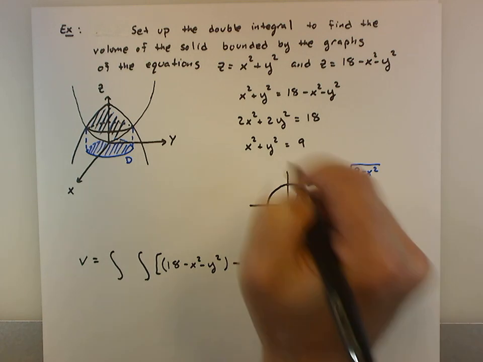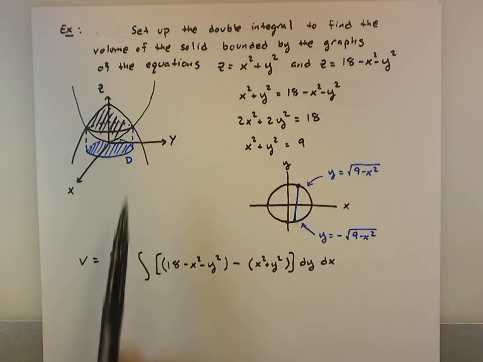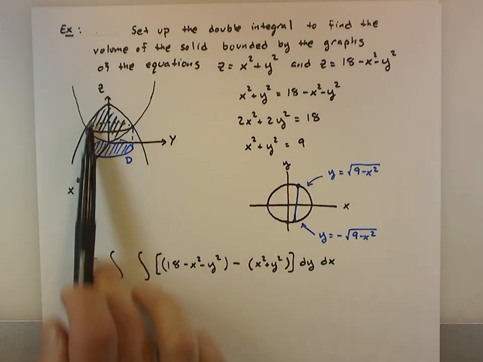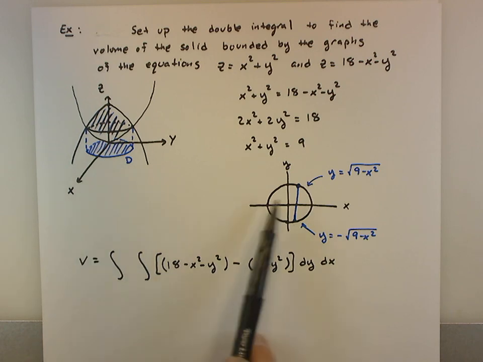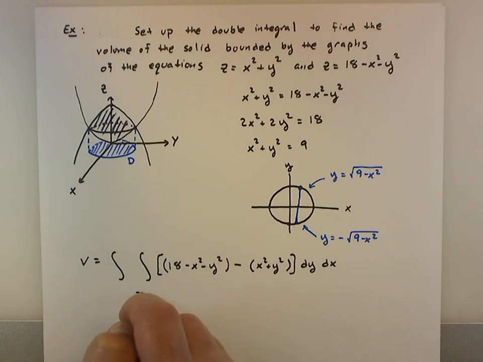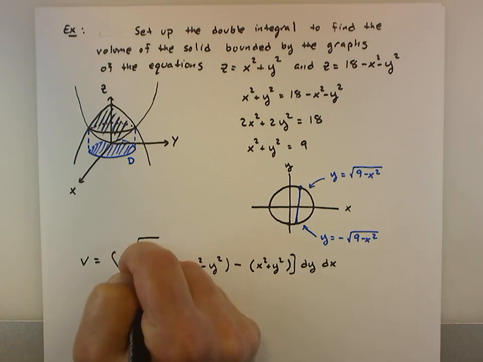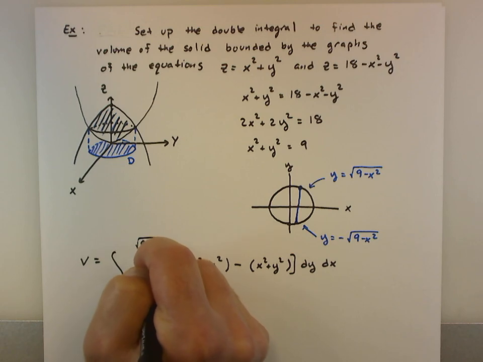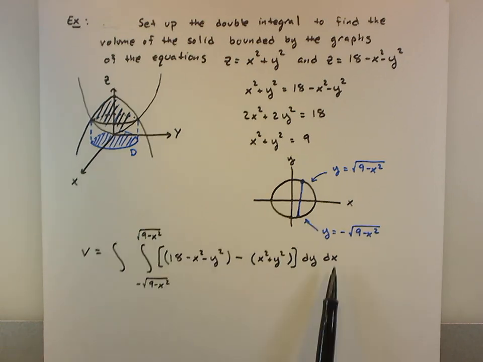So this is x, this is y. This volume projected onto the xy plane will result in this. So y goes from negative root 9 minus x squared to positive root 9 minus x squared.